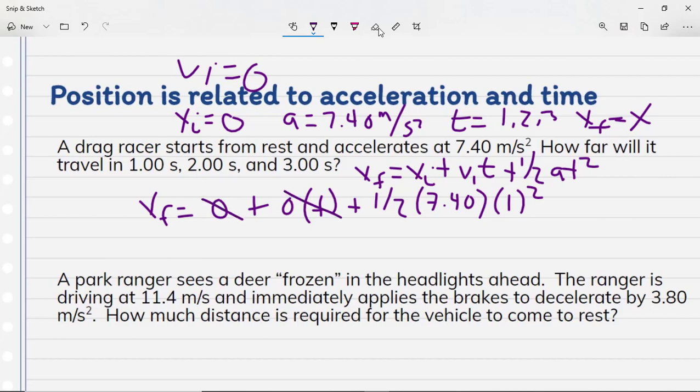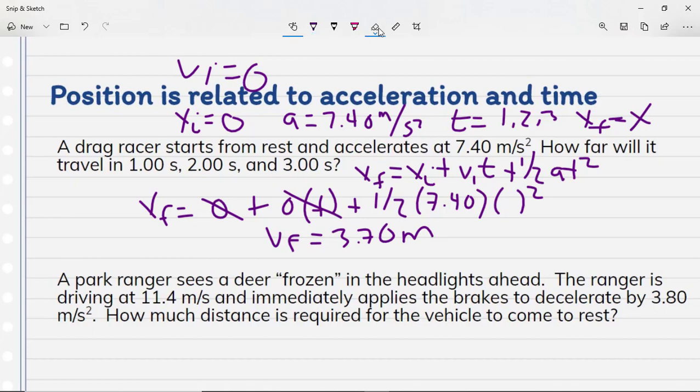These are going to cancel because anything multiplied by 0 is 0. And then your final velocity is just 1/2 times 7.40 times 1. 3.70 meters.